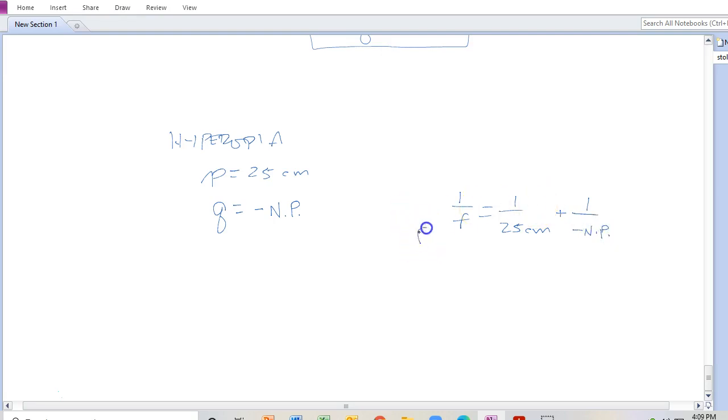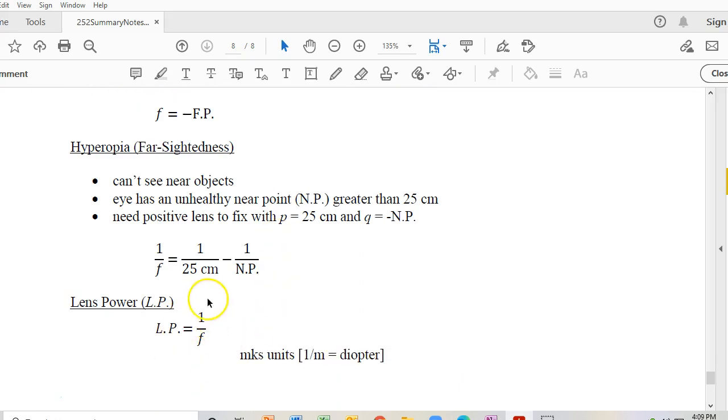Then you can find out what F is. Just like with the myopia, you can define the lens power, as you see right here in the summary notes. You can take 1 over that and express that lens power in diopters as so many positive diopters.